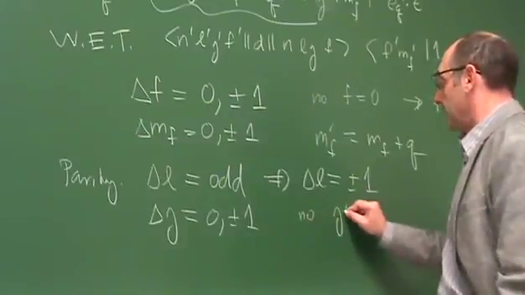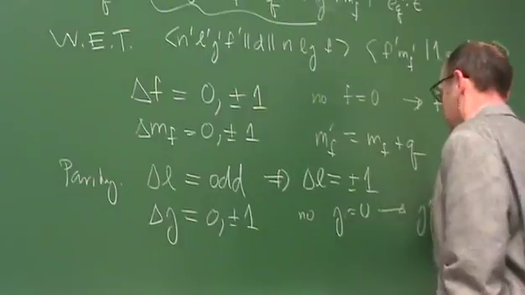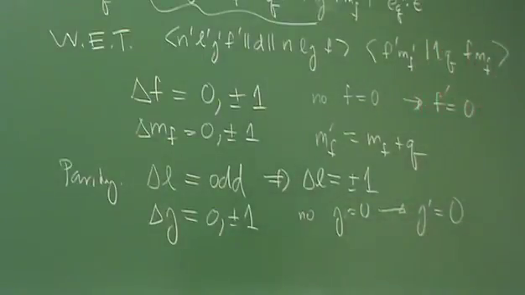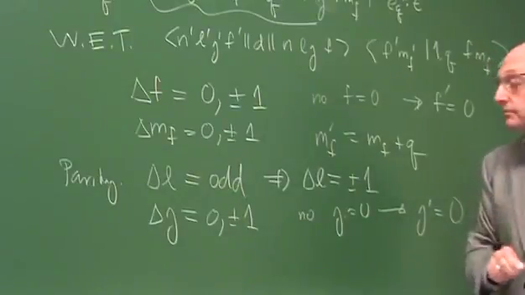No J equals 0 to J prime equals 0. Okay. So those are the selection rules associated with an electric dipole transition.